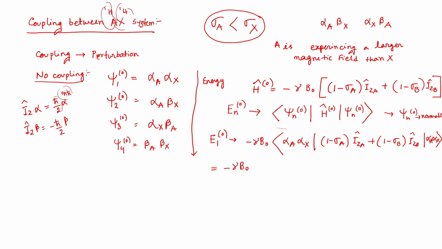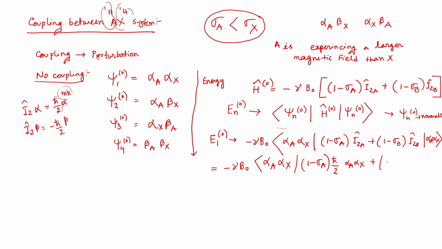So α_A α_X, it will be like that. So (1 − σ_A), the shielding constant for A, and I_z operating on α_A α_X. So the I_zA will only operate on α_A. So we are going to get ħ/2 α_A α_X, right?